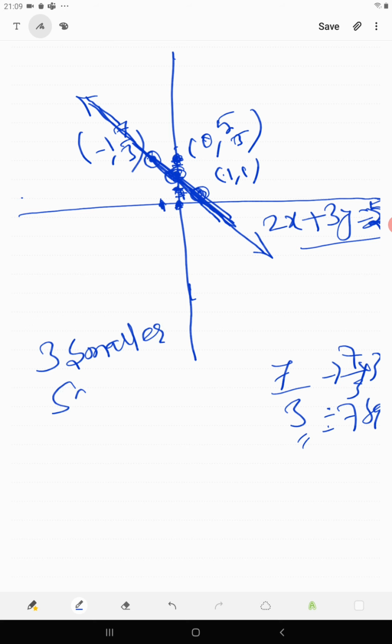3 smaller squares on the ordinate, or y-axis, as 1 unit.